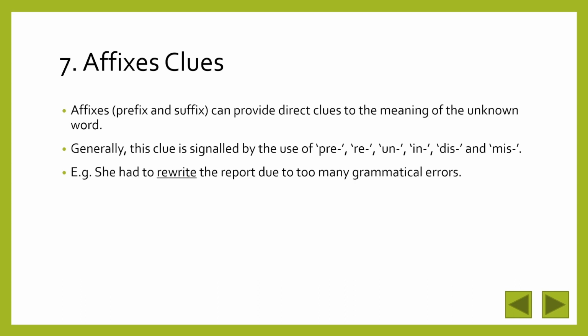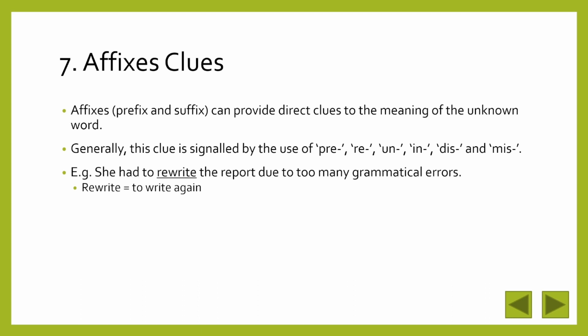So, affixes here. They put a prefix to the word write, so it becomes rewrite. The prefix re means repeat. When you write, you are just doing some writing. When you put re, you have to repeat the writing.